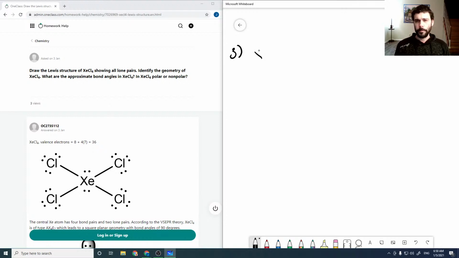So for xenon, that's a noble gas, so we've got 8 valence, and then in chlorine we have 7, and there's 4 of them, so that's 28. So in total we have 36 valence electrons. So each of the chlorine atoms will have 7.